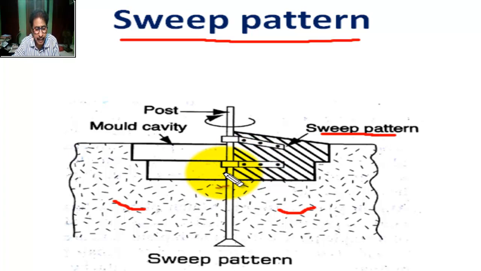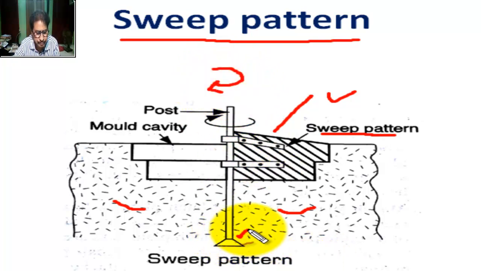A swept pattern consists of a piece of wooden board. This is the wooden board attached to a vertical spindle, which can be rotated on a pivot.